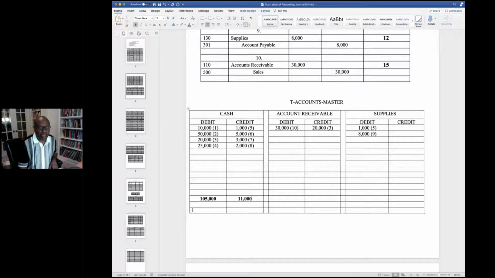And our balance in the cash account is going to be the difference between the debits and the credits. And we're going to put that balance on the side of the larger. So our balance in the cash account should be 94,000.